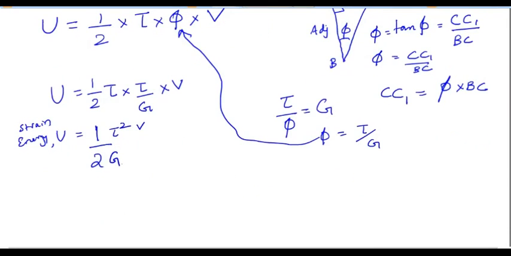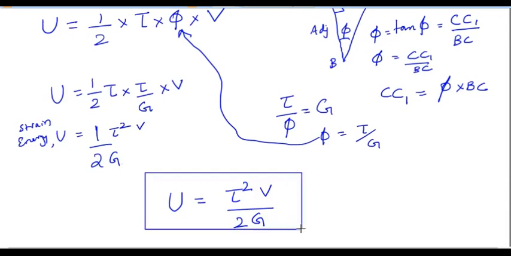The final equation is strain energy U is equal to tau square V by 2G. This is the strain energy stored in a body when it is subjected to a shear force.